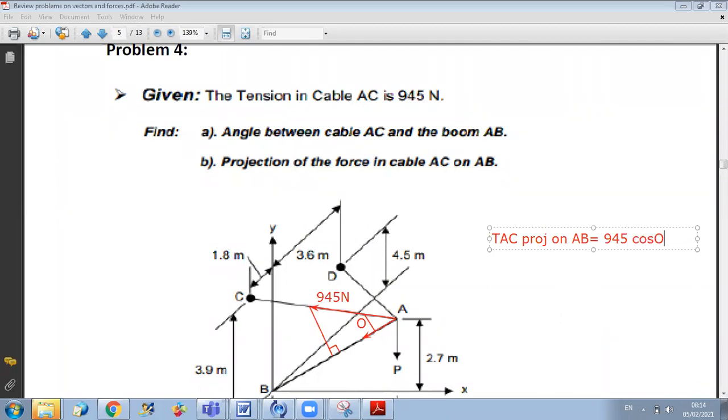Now, this is the projection component. If I ask you for the projection vector, what do you do?